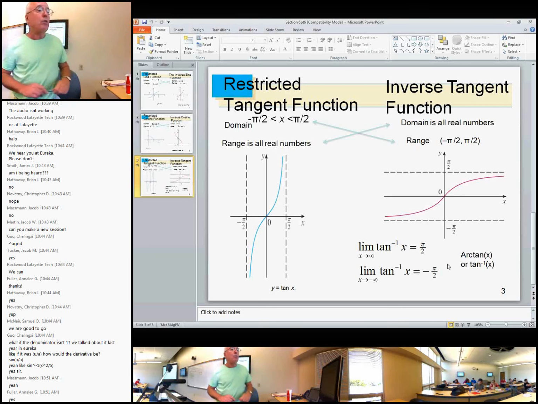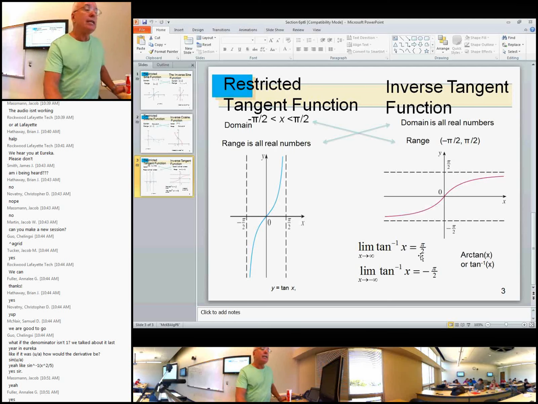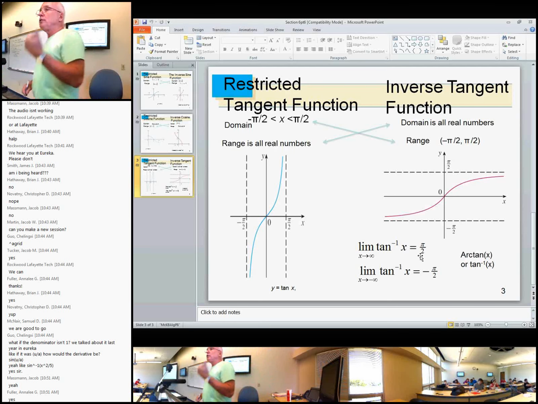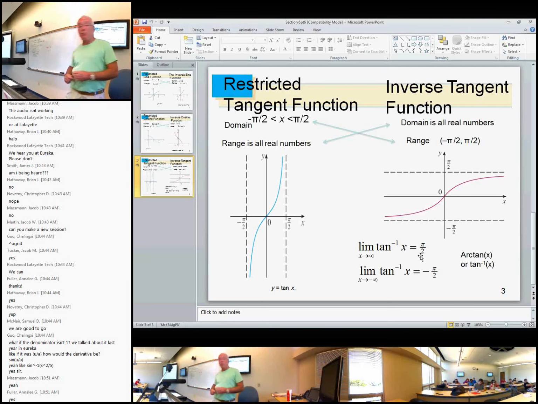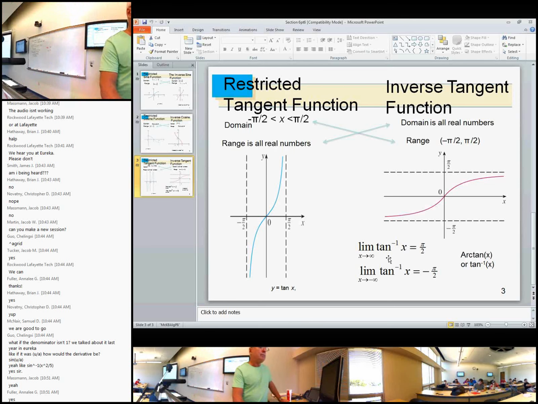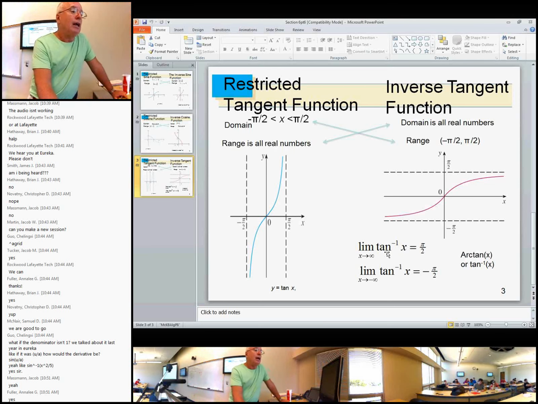Couple things here I want to point out to you that when we get to L'Hopital's rule, you may need to remember. These two limits right here. These are limits for the tan inverse function. Notice that when x goes to positive infinity, so we're going over here to the right-hand side, if you kept following this graph all the way, this would get closer and closer to that horizontal pi over 2 line.